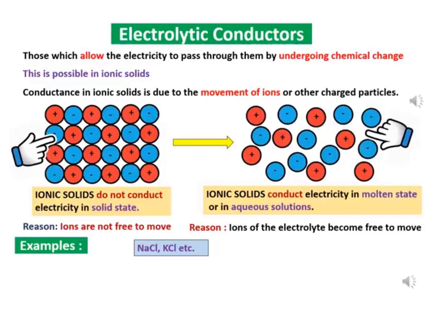This is also possible in ionic solids, where conductance is due to the movement of ions or other charged particles. In this example, on the left side figure, you can see that ionic solids in the solid state will not conduct electricity.